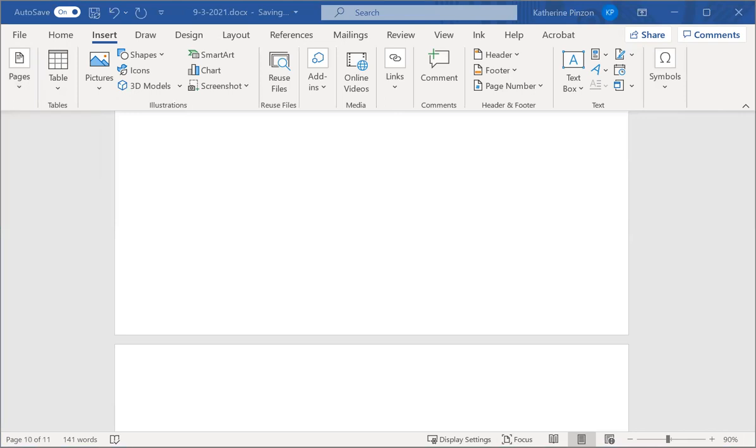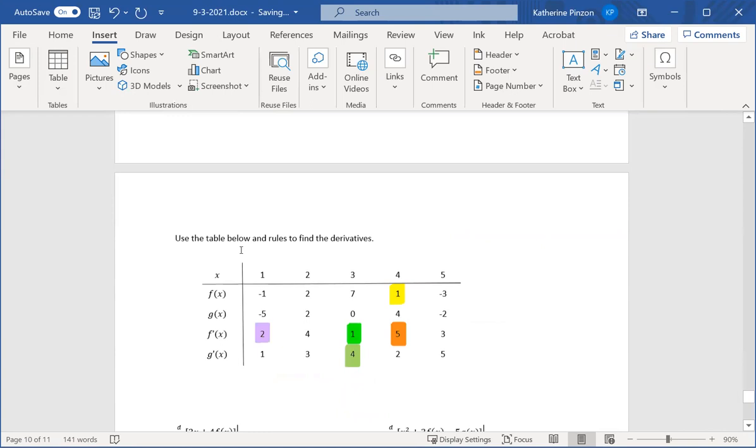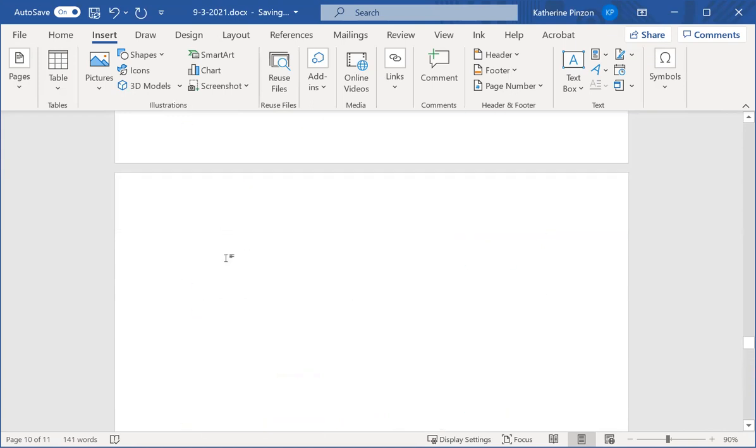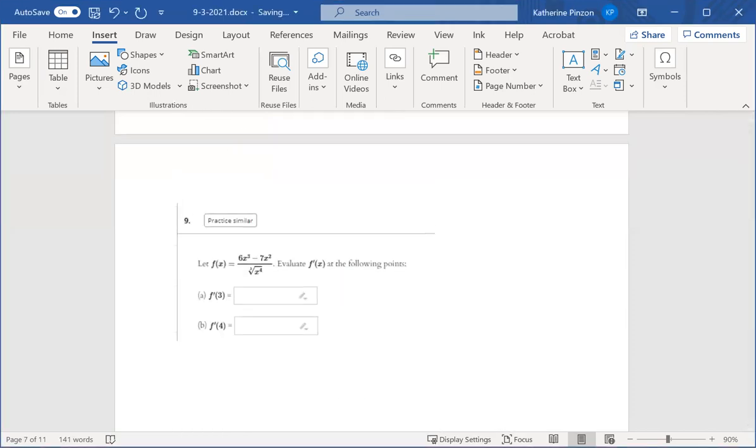I have 14 to copy. 19. Hit it. Okay, here we go.